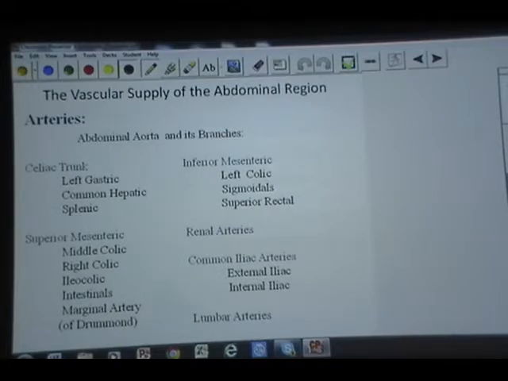And then the superior rectal, which is a straight branch that comes down into the upper portion as the rectum comes down from the area of the sigmoid colon.